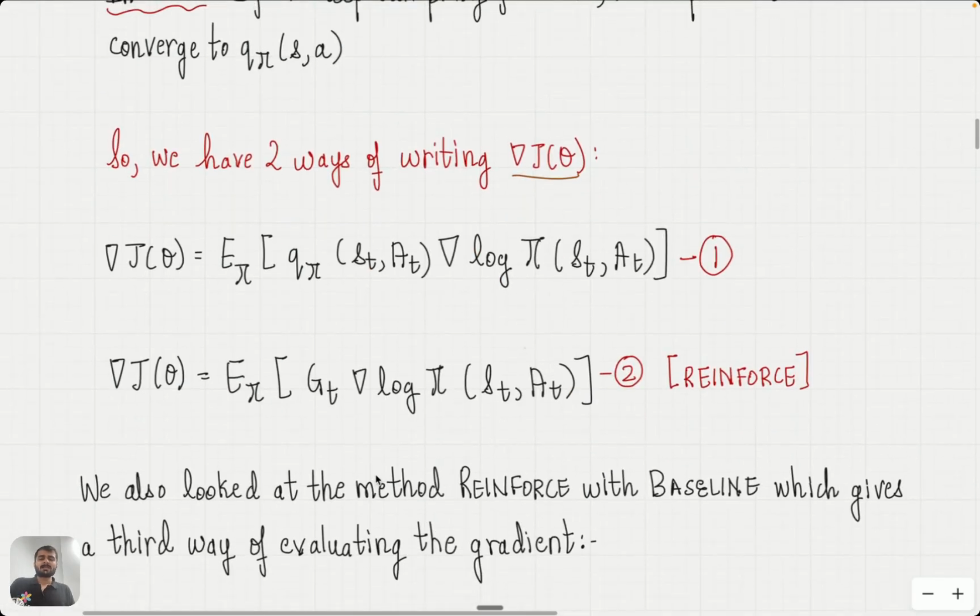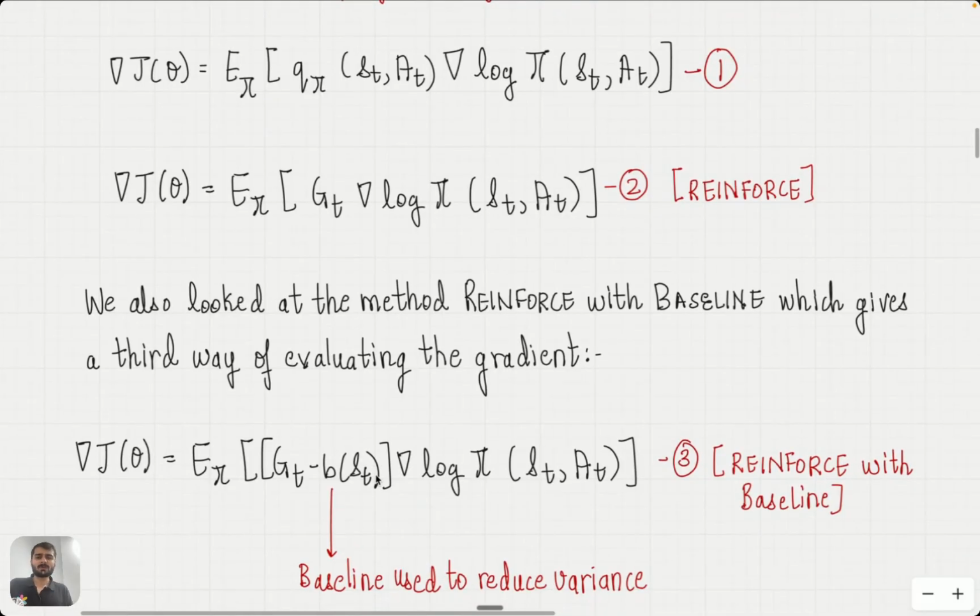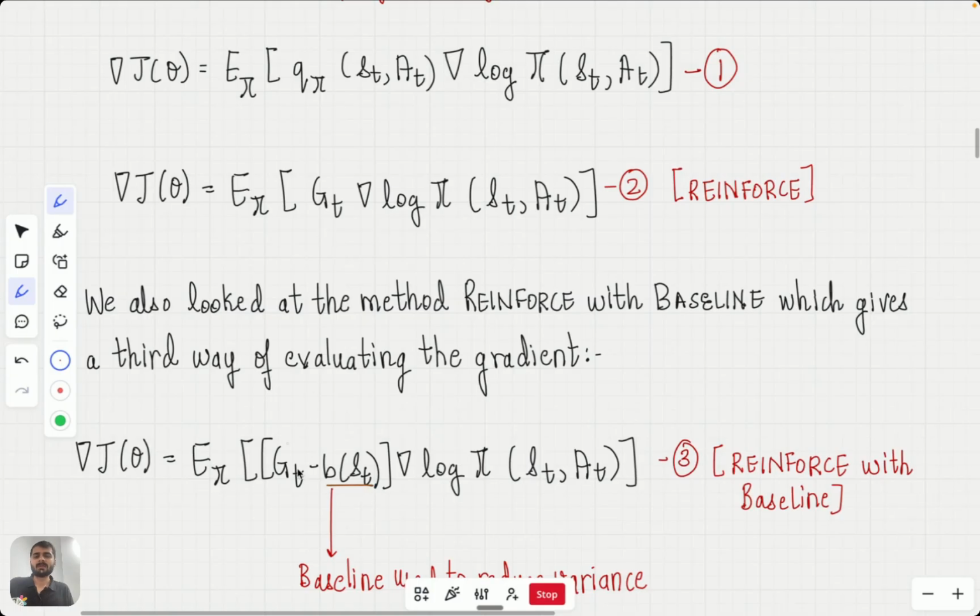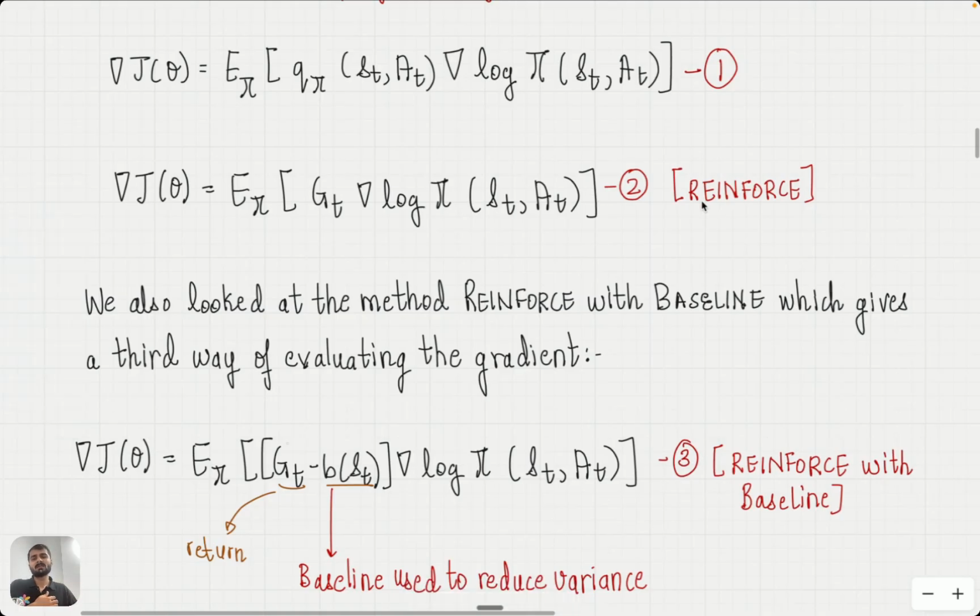Now, there is a third method of evaluating the gradient, where you simply subtract a baseline from the actual return. So this is the return, and this is done because usually the REINFORCE method induces a lot of variance in the data, because you are sampling from multiple states, and these samples can be completely different.